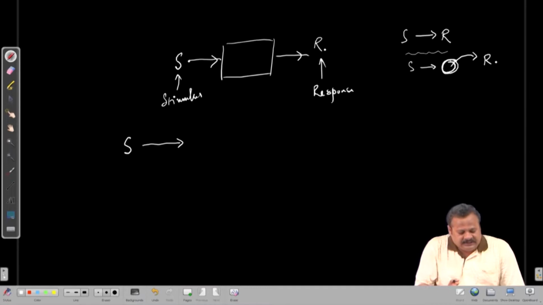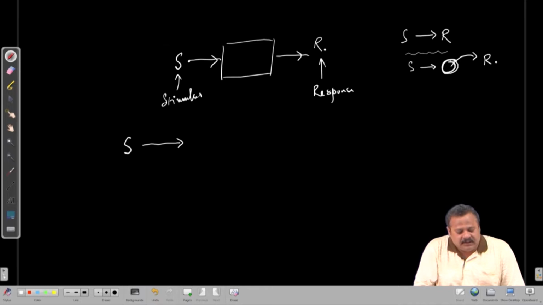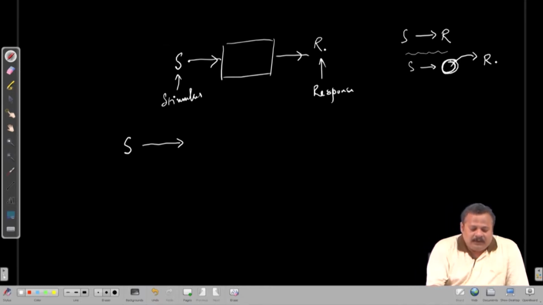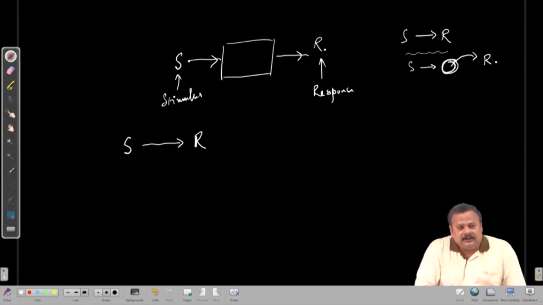Let us now just think of the stimulus as coming one at a time, one of the stimuli, and there is associated uncertainty about it, and we are now observing the response. On observing the response, the uncertainty about the stimulus may be reduced.